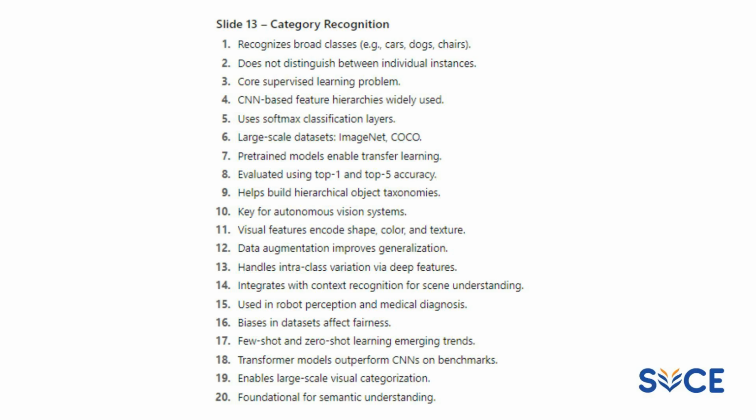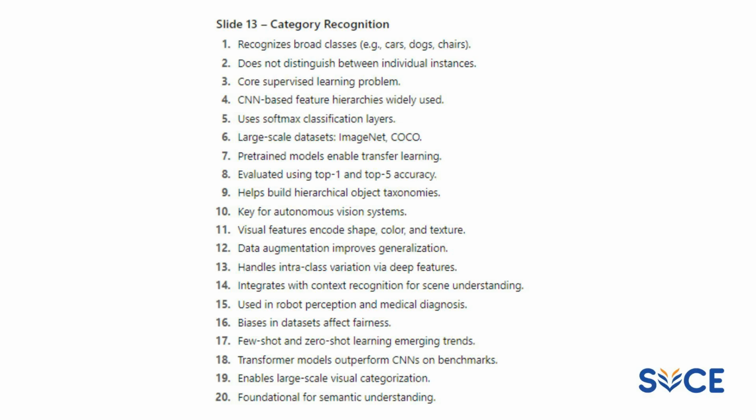The environmental monitoring. So to conclude with this, category recognition is a foundational task in computer vision, which serves as a building block for more advanced recognition systems like object detection, instance recognition, and scene understanding.